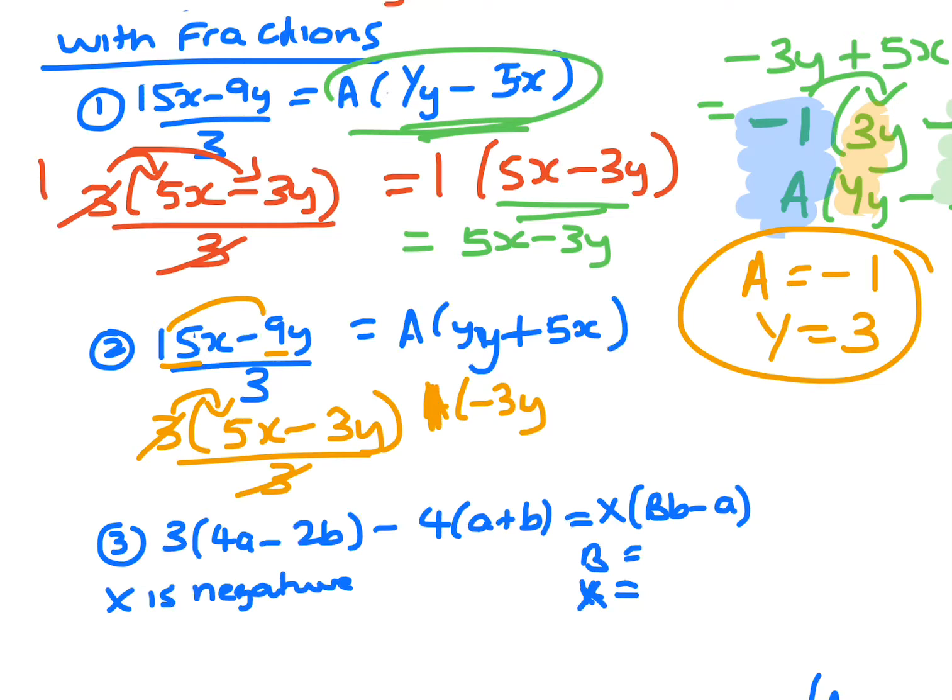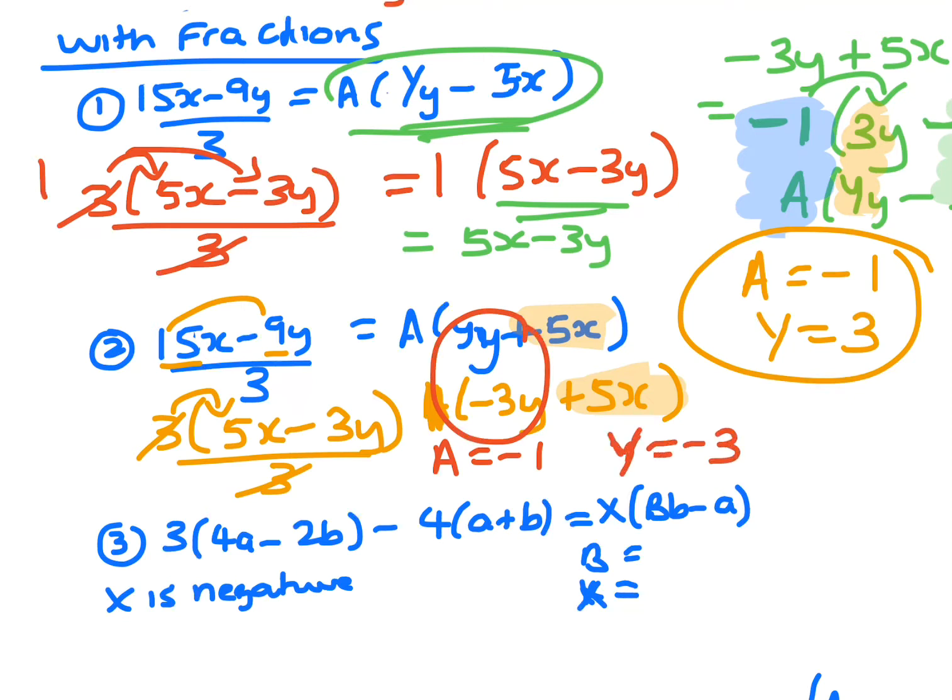So we've got a 1 out the front, minus 3y. That matches up, plus 5x. So with this one here, I don't have to take the negative out because the 5x matches with the 5x. But if you look at that, the A equals minus 1, and with this one, the Y equals minus 3. Okay, so you just got to match them up.